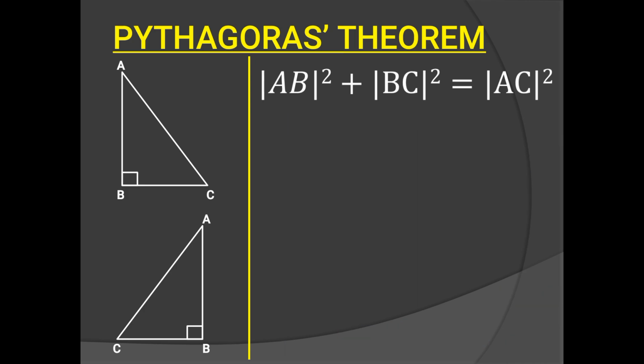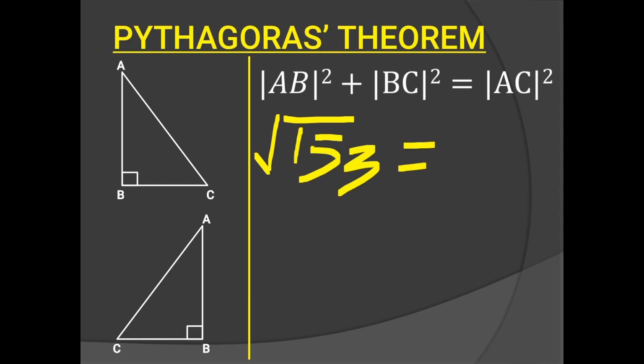So we have square root of 153 is equal to square root of x squared. Now the square will cancel the square root. The square root means exponent half.